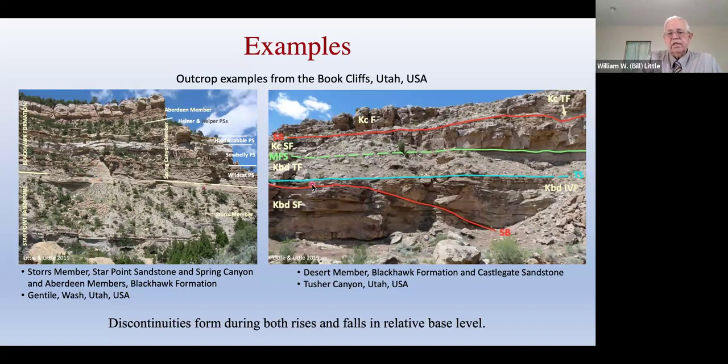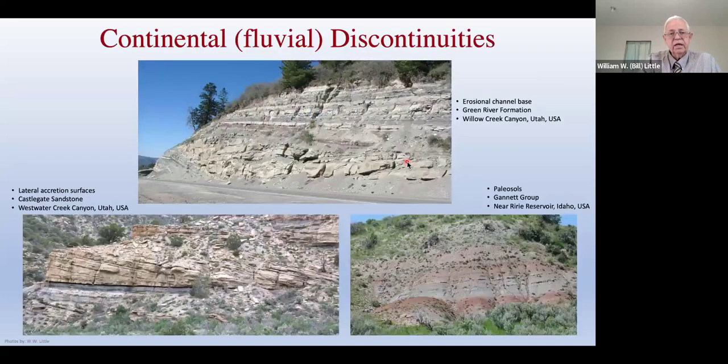The one on the right shows that we can also have missing time as base level falls. We get a forced regression. Here we actually have incision of some shoreline deposits, shoreface deposits, and then base level begins to rise again, and it's backfilled. So these missing intervals of time can be developed both when base level is rising and when it is falling.